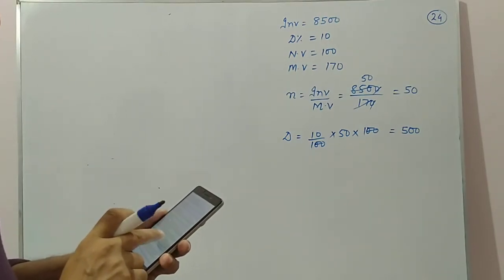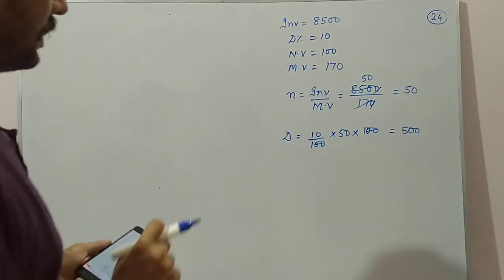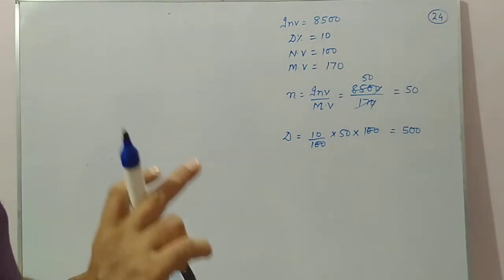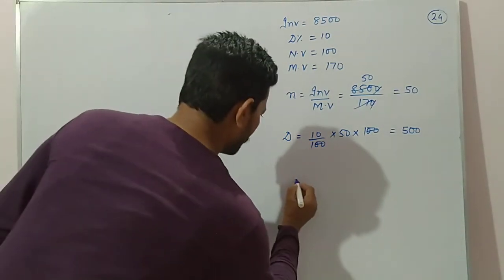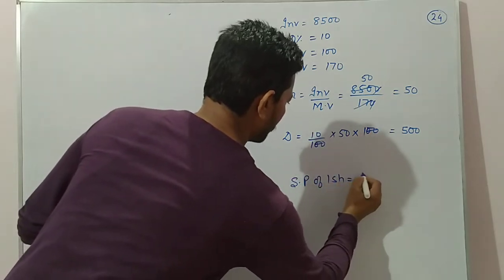Then here it is given that he sells the shares when the price of each share rises by rupees 30. So what will be the selling price of one share?